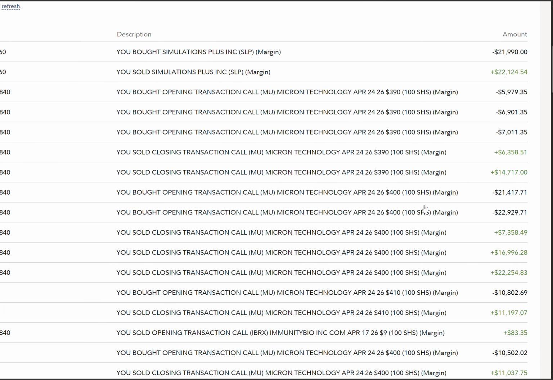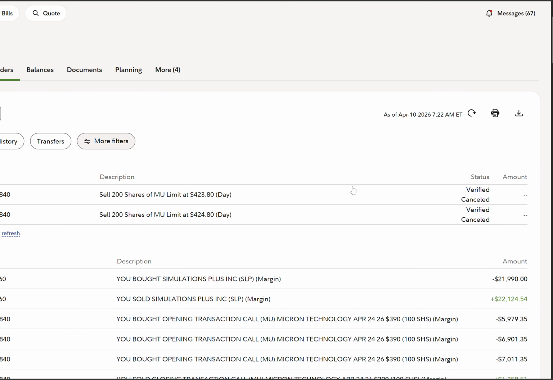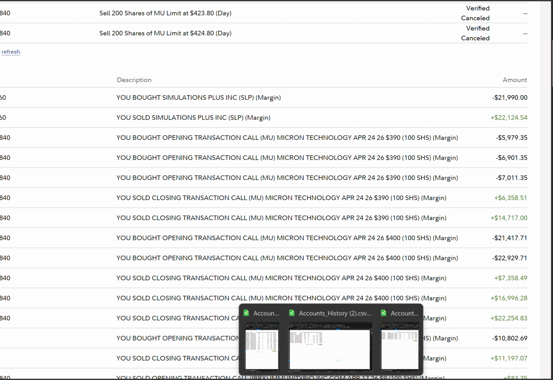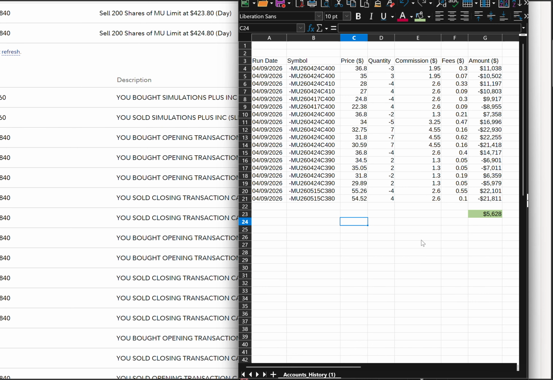Well, this board, Fidelity probably won't be clear enough to understand, but I have downloaded all these transactions into my sheet, this one, which is more readable. And as you can see, I played options. Generally, that's my preferred way of making money, even in day trading.